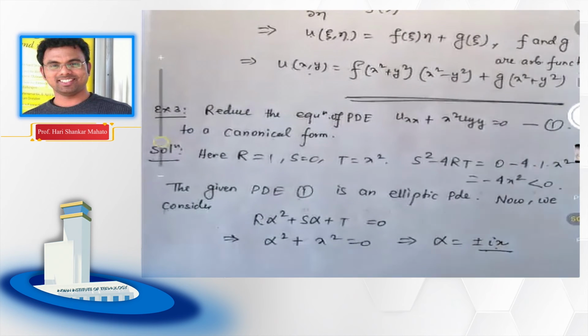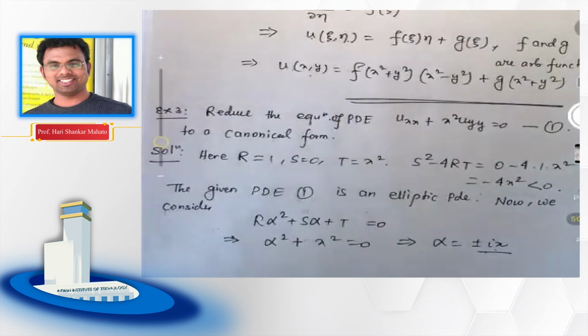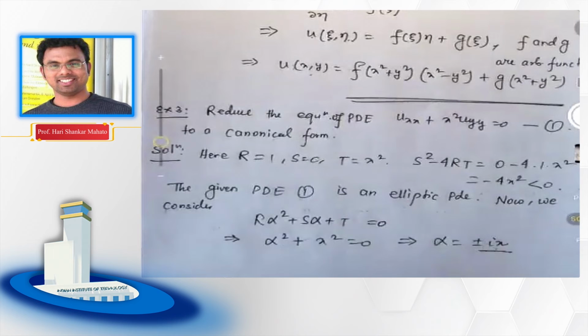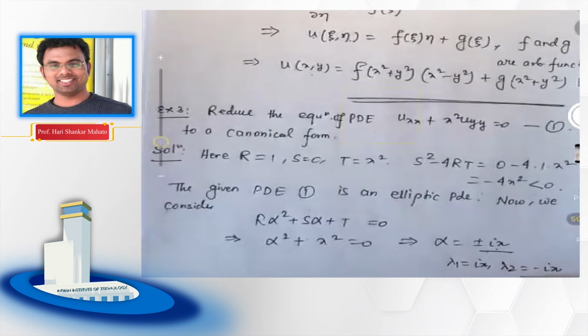In case of hyperbolic PDE, the roots will be distinct and real. But in case of elliptic PDE, the roots will be distinct, but imaginary. So here I can choose my lambda 1 as ix and lambda 2 as minus ix.